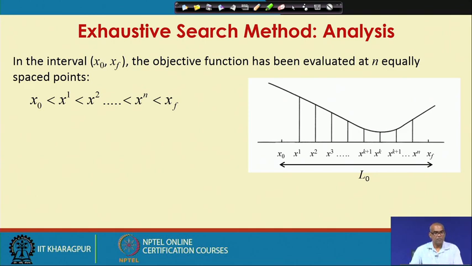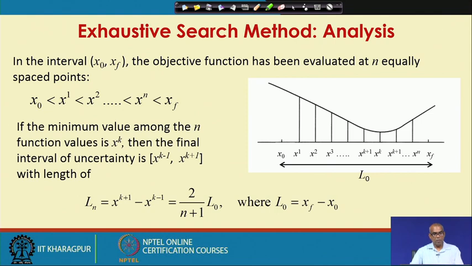Note that x0 is less than x1, which is less than x2, which in turn is less than x3, so on and so forth. If the minimum value among the n function values is at xk, then the final interval of uncertainty is xk minus 1 and xk plus 1.